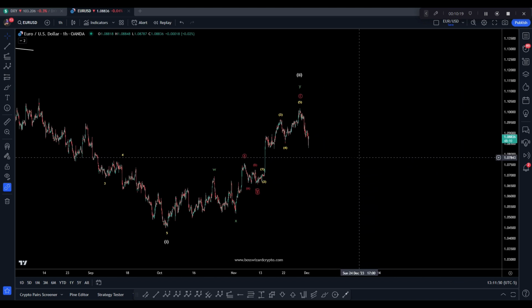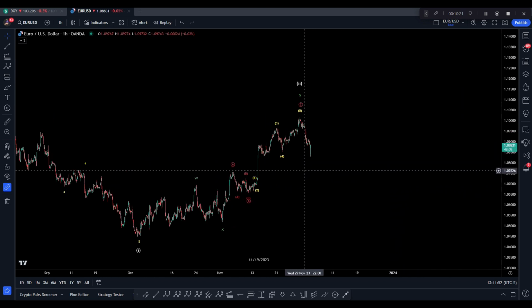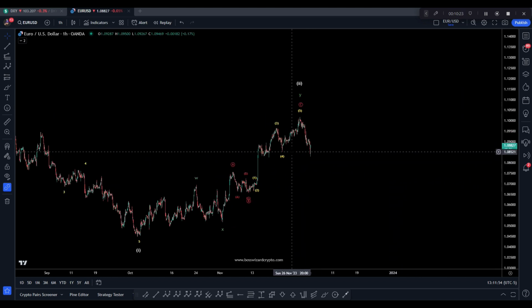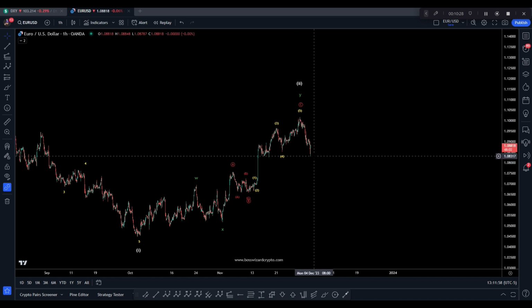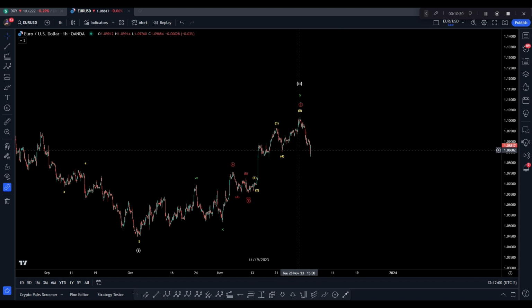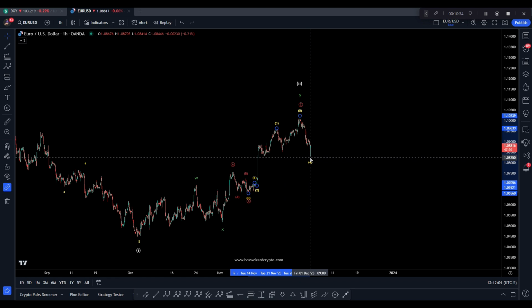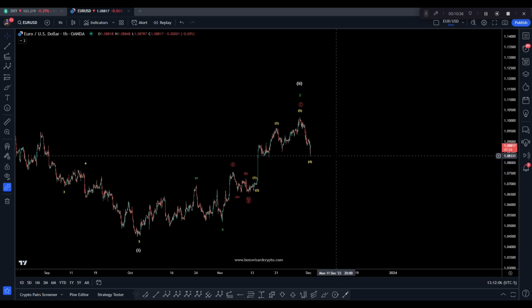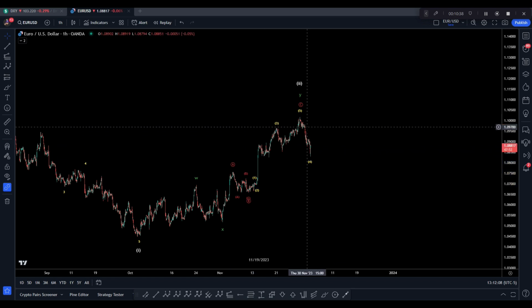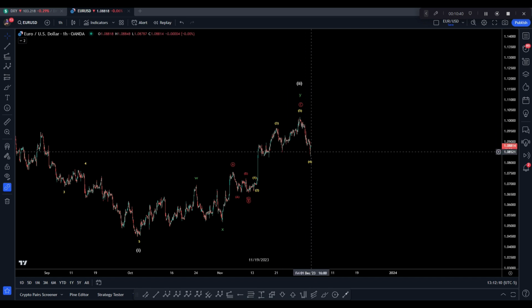Okay. Now there is a glaring other possibility here, because when structure breaks, as I've gone over in my other videos, it's either the end of something, or it's just a bigger move. So there is a possibility on the table that that 4 goes there, and that this is just an expanded flat for a 4, and then you are going to get another.